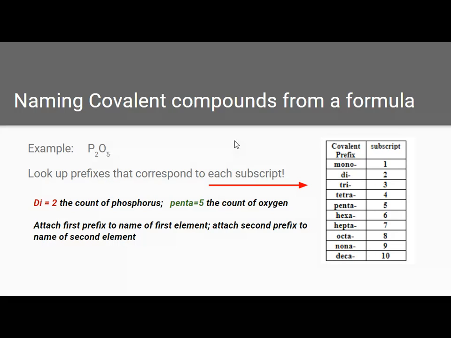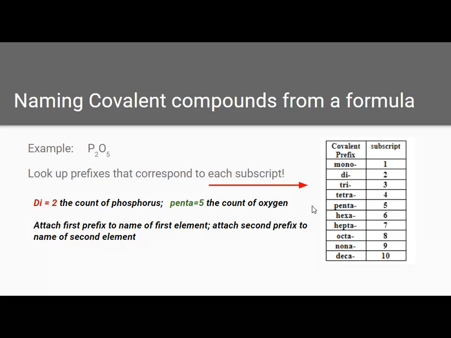The subscript 5 corresponds to the prefix penta, which represents the count of oxygen in the compound. To name the covalent formula, you attach the first prefix di to the name of the first element, phosphorus, and then attach the second prefix penta to the name of the second element, oxygen.